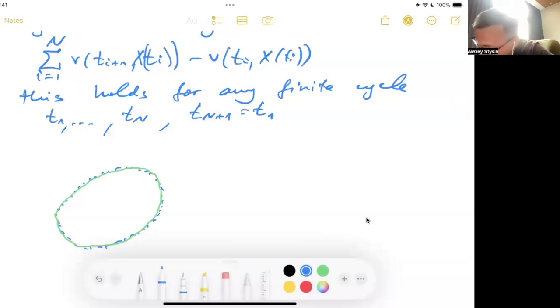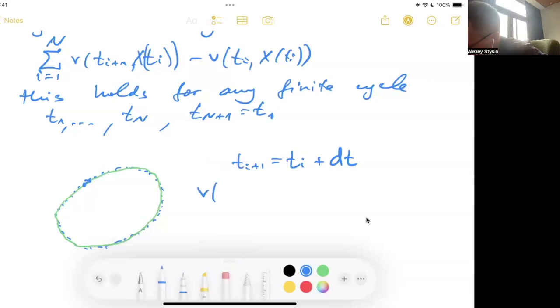And let's take a look at two points that are really, really close, basically infinitely close to each other. For those two points, what do we have? We have v of t_{i+1}. Let's say that t_{i+1} is basically t_i plus some dt, just a very, very tiny vector pointing from t_i to t_{i+1}.